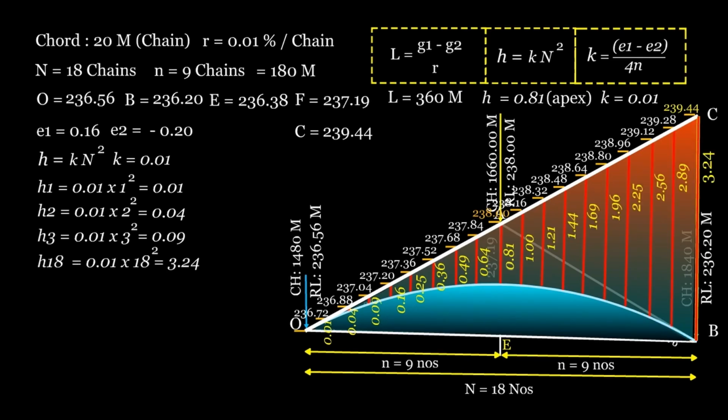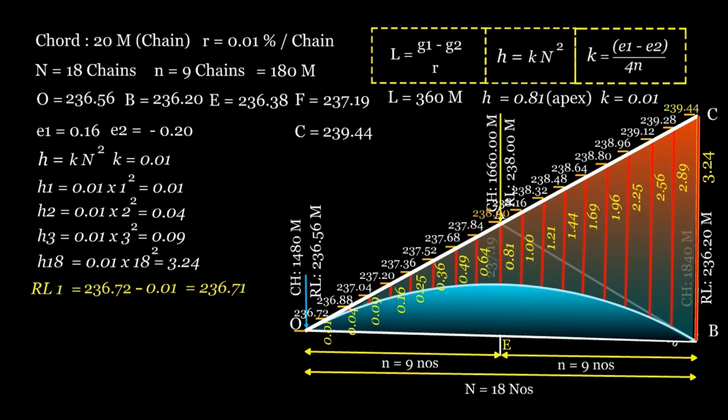Final RL values. That is, elevation value minus tangent correction. Final RL for the first peg. 236.72 minus 0.01 equals 236.71 meters.